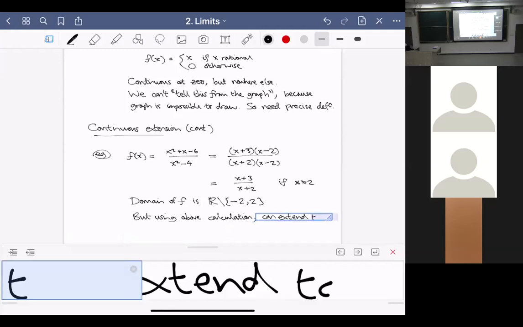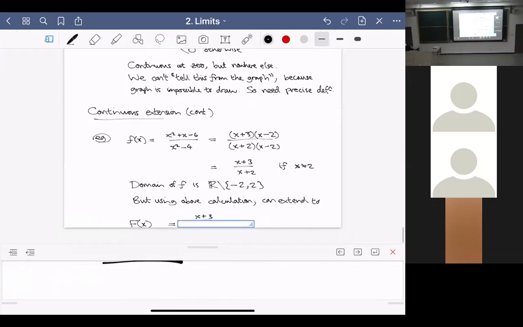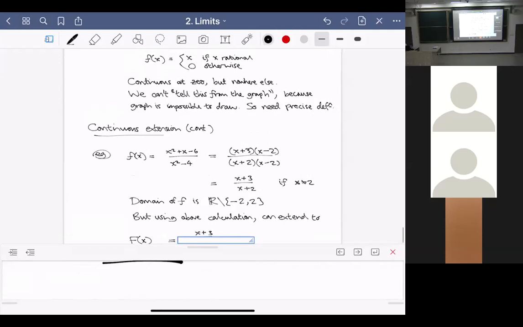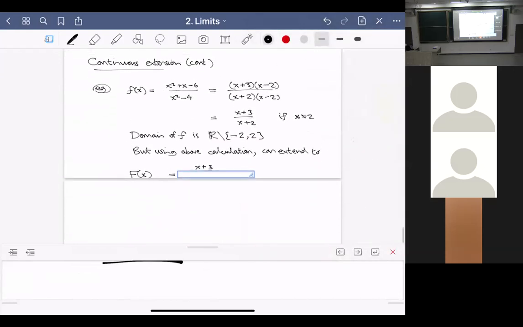Can extend to f(x) equals x plus 3 over x plus 2.